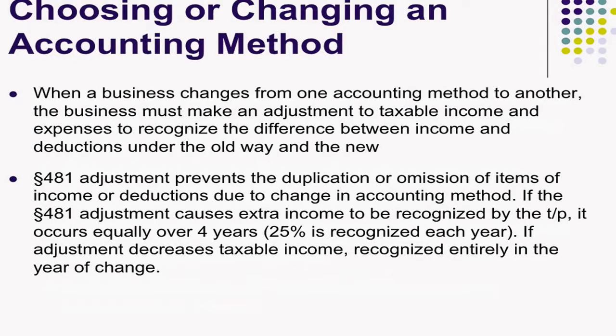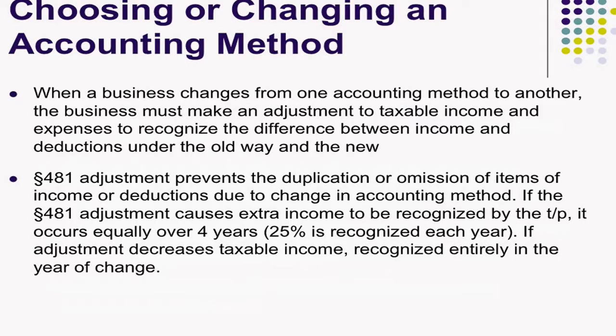What's a 481 adjustment? So if you've got extra income in the year that you changed your method as the taxpayer, you get a break, and you can break that extra income over 4 years as you claim that added income on your return.